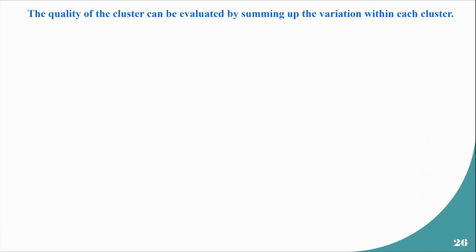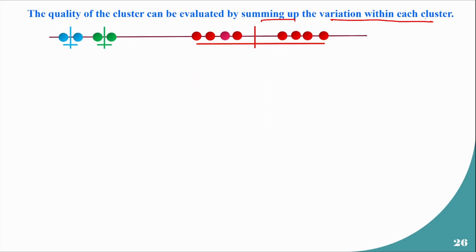For that, the algorithm will sum up the variation within each cluster. What that essentially means is that, in this cluster output, from the mean point for the entire distribution of the data, you are getting these variations, by which I mean the lengths of the horizontal lines, the blue, green, and red ones.